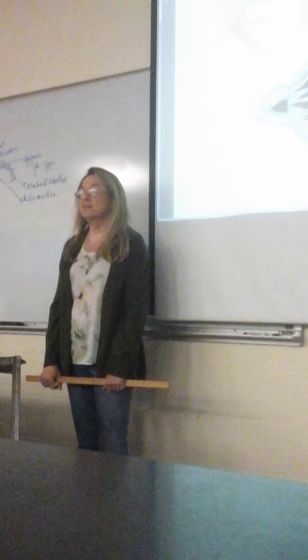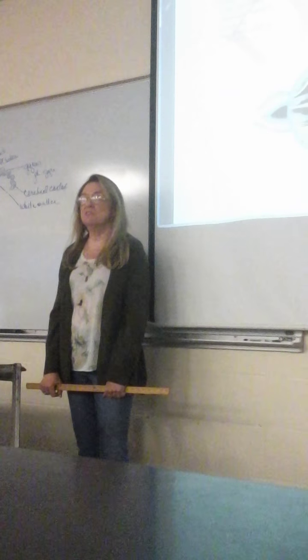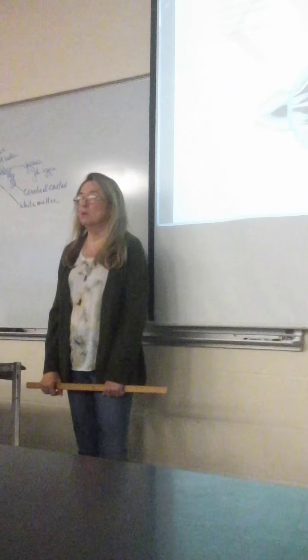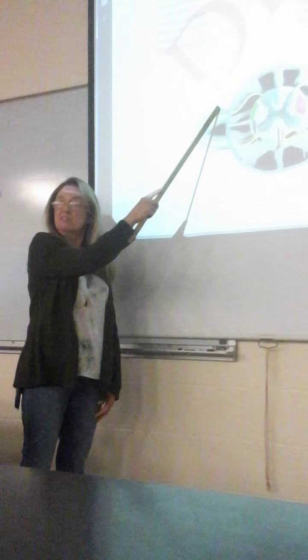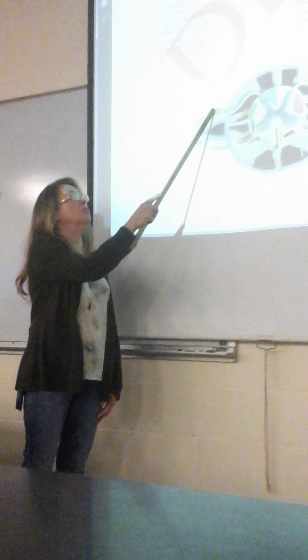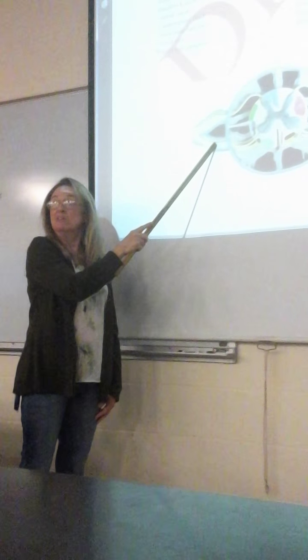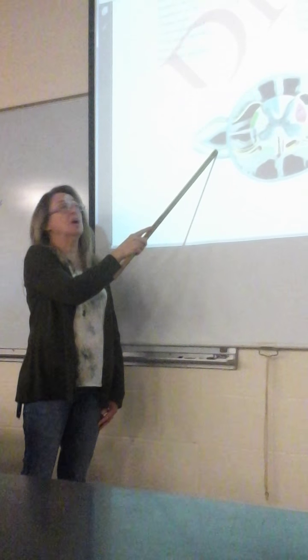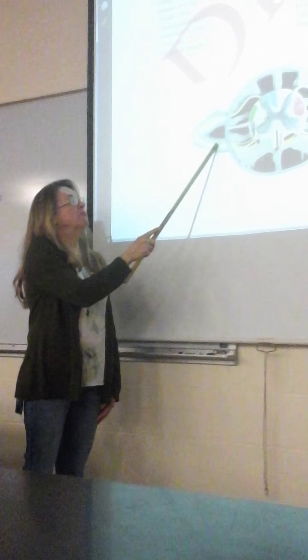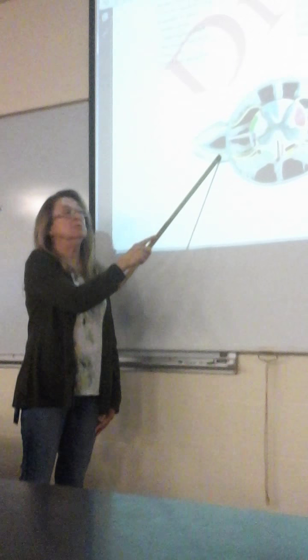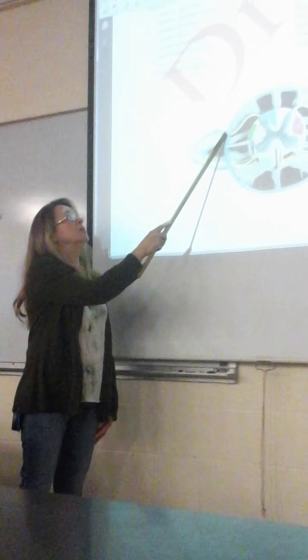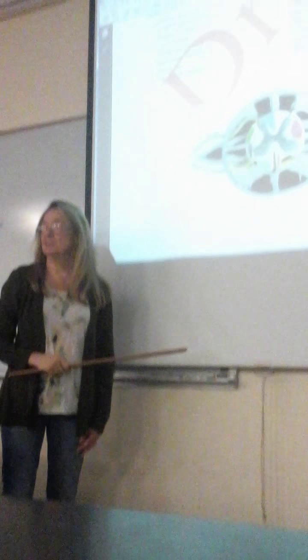So basically it's a ganglion that's in the dorsal root. So this has to be the dorsal side, doesn't it? So if this is dorsal, this side is ventral, right? So ventral root. Here's my ventral root. It does not have a ganglion. My dorsal root does have a ganglion.